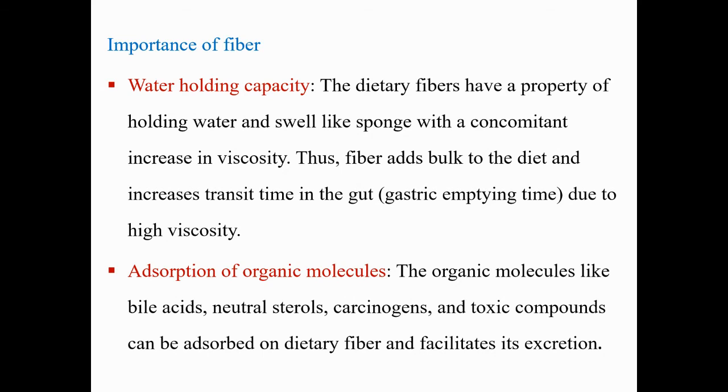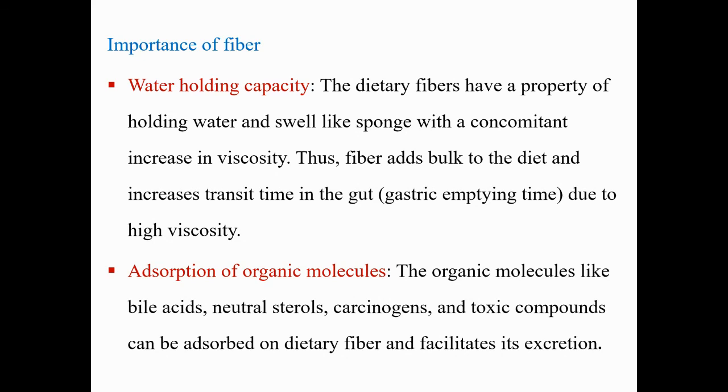Think about a sponge: when it is alone it does nothing, but when you insert it into water, it swells. Dietary fibers are just like that sponge.